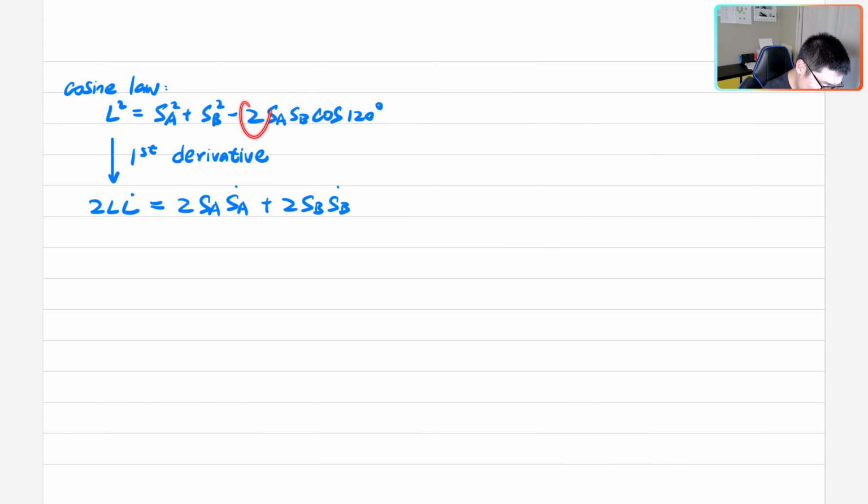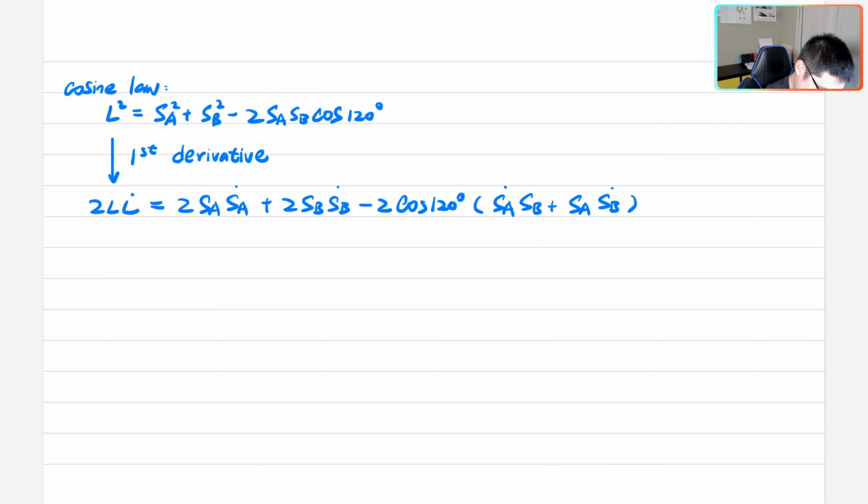Essentially, this 2 cos 120 degrees is a constant. It's simply the SASB derivative. So we'll have minus 2 cos 120 degrees in the bracket: SA dot SB plus SA SB dot.